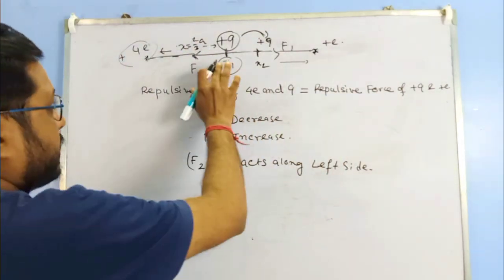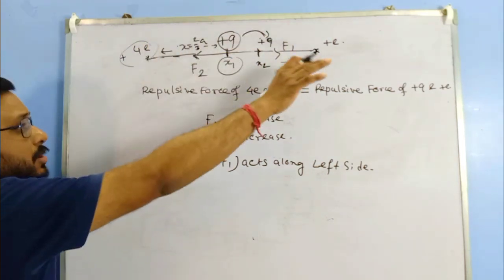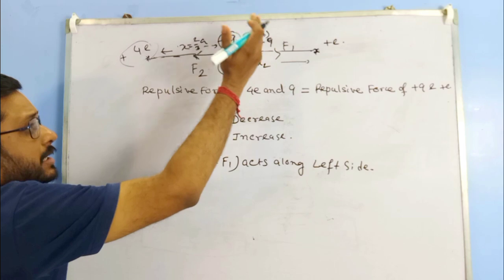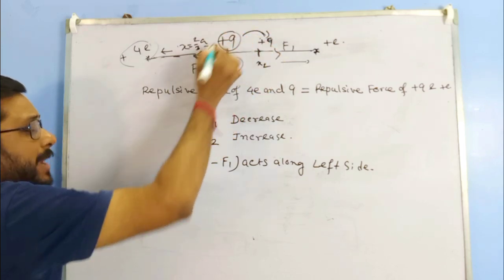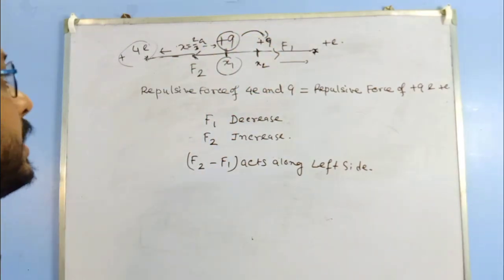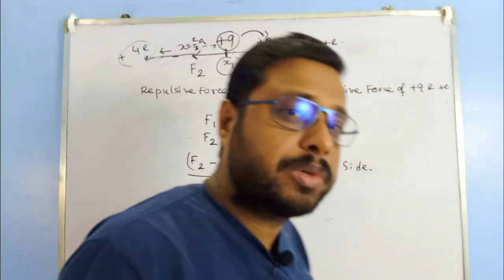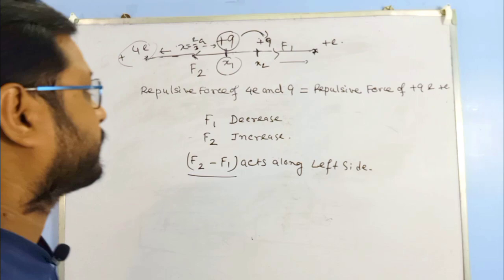If we shift this q by a little distance toward e, the charged particle will come back to its initial position due to the F2 minus F1 force. This is known as stable equilibrium.